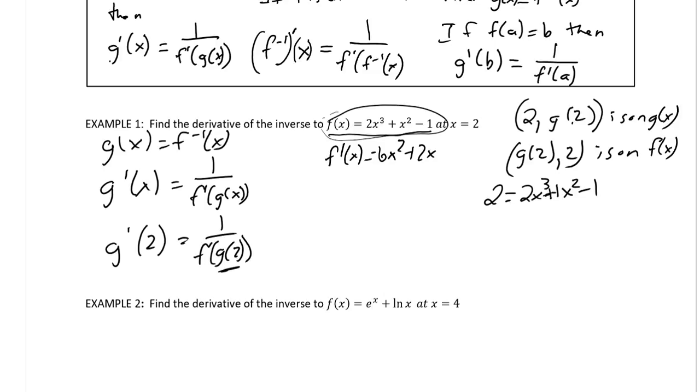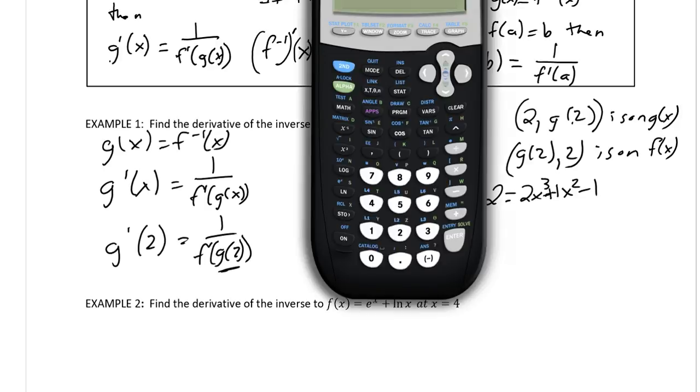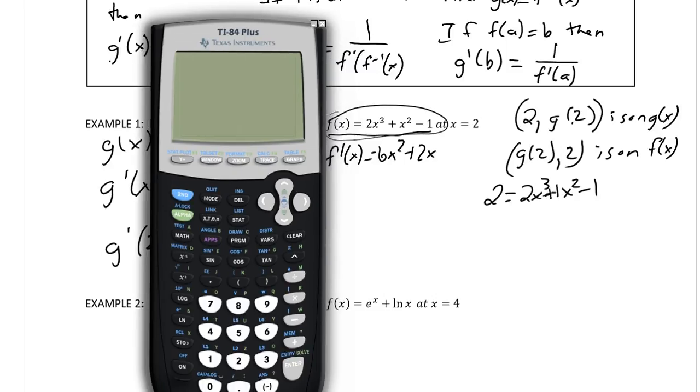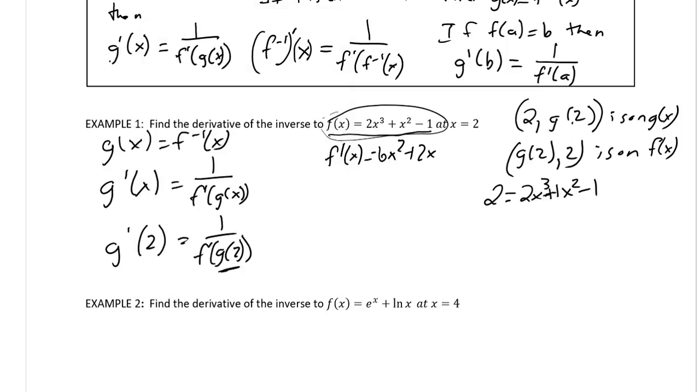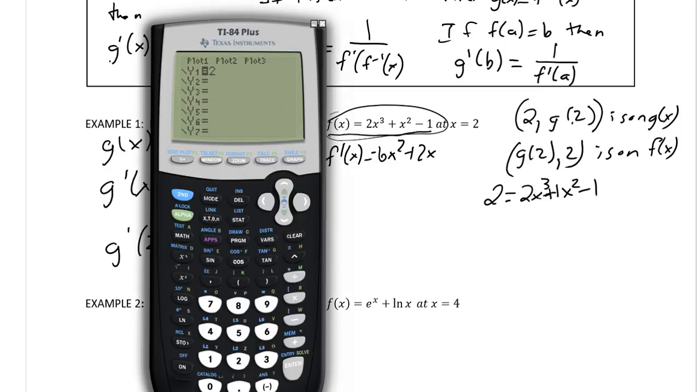I'm going to go to y equals and clear things out. Into y1 I plug in 2, and into y2 I plug the other side, 2x cubed plus x squared minus 1, and I graph those.